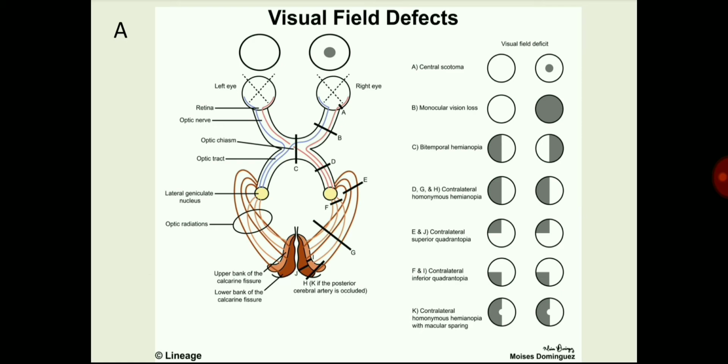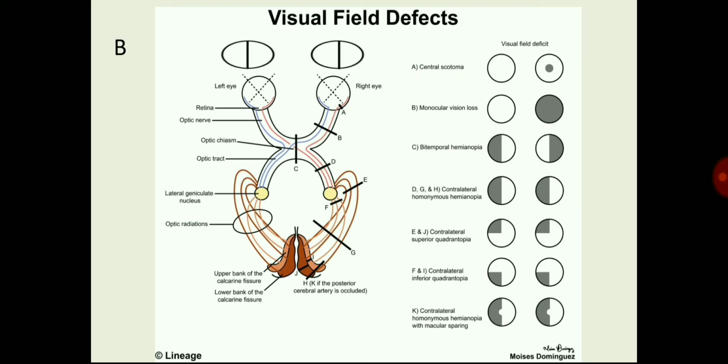First, in this image, look at site A. Due to damage to the retina at this site, it will cause central scotoma. Usually this area is the region of macula. So if this region is damaged, it will cause loss of central vision, which I have already shown. So the patient feels difficulty in reading in this type of condition.